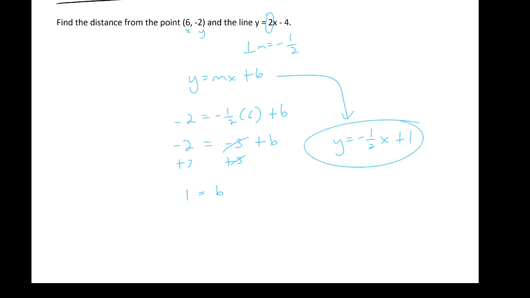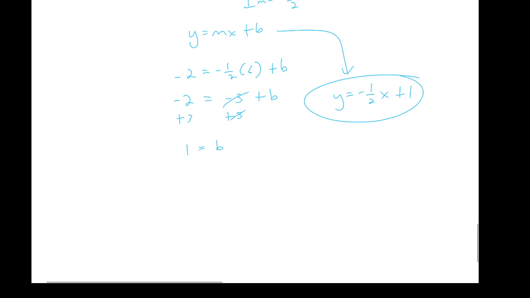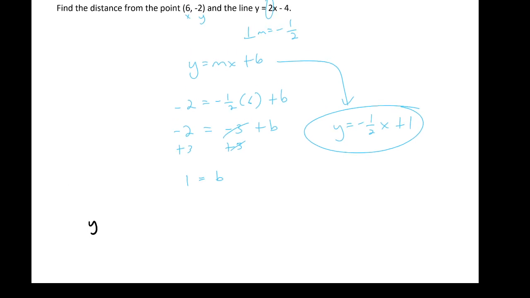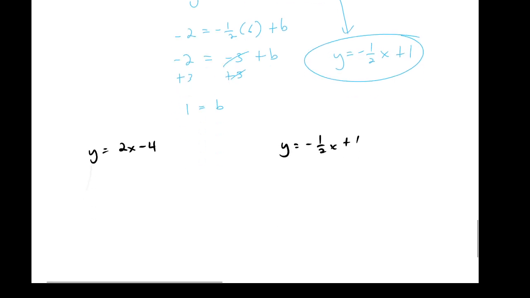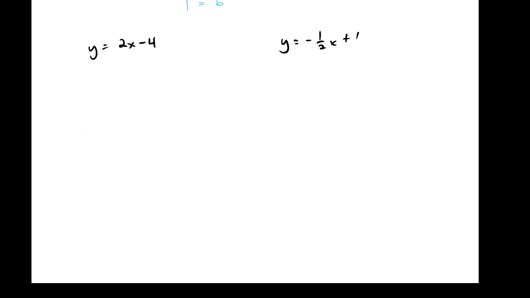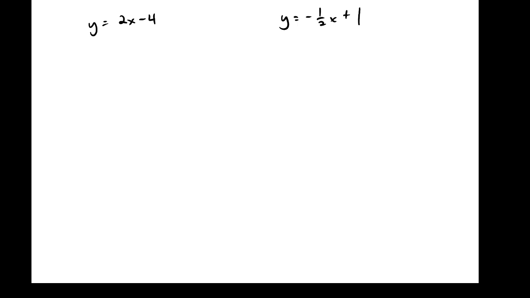Now, I have two equations here. I have my original one, y is equal to 2x minus 4, and I have this new one, y is equal to negative 1/2 x plus 1. Now, think about this algebraically.